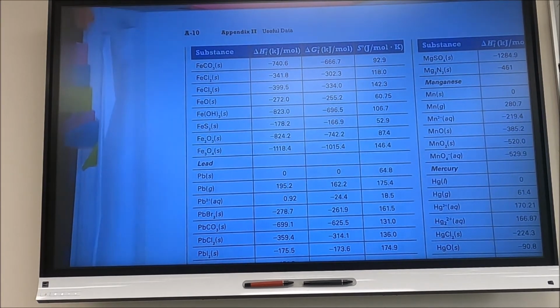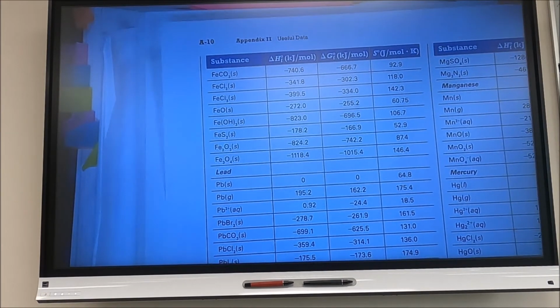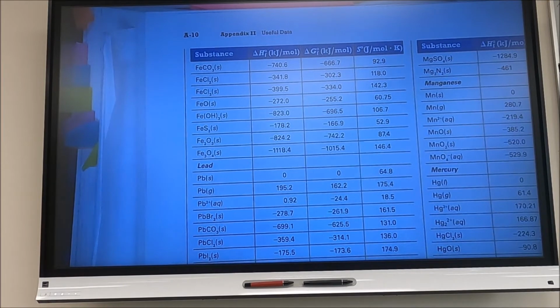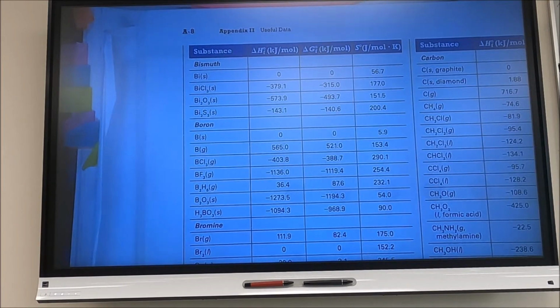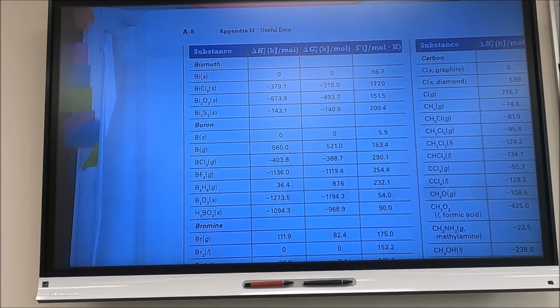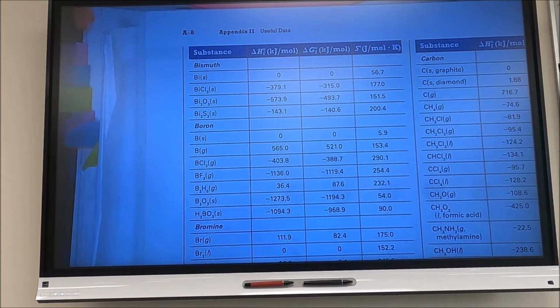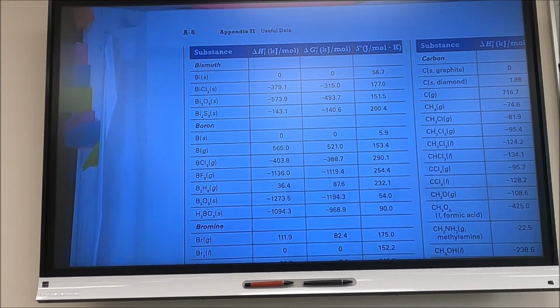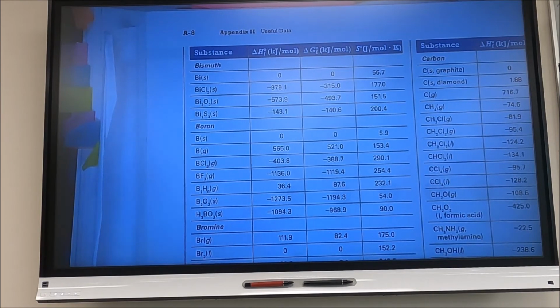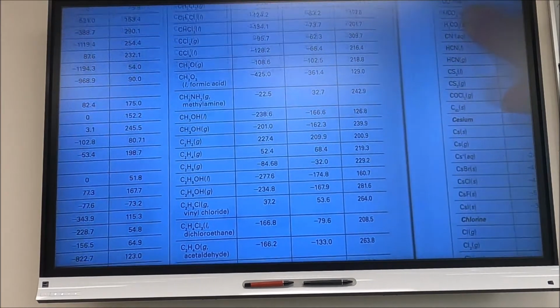So I'm going to start looking up the delta G values of formation for carbon monoxide, carbon dioxide, and so forth. So let's look at carbon dioxide.